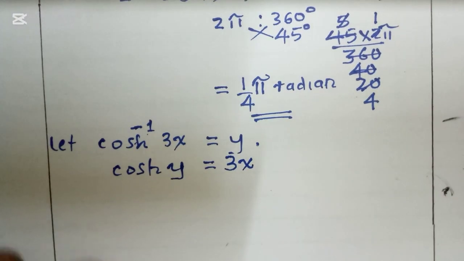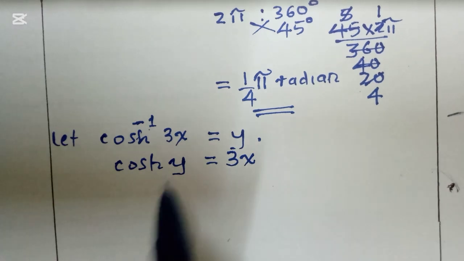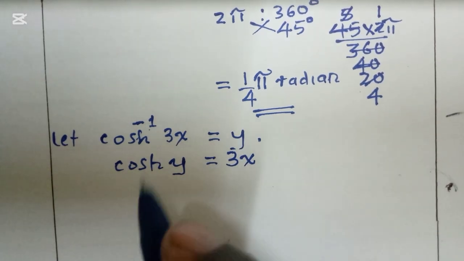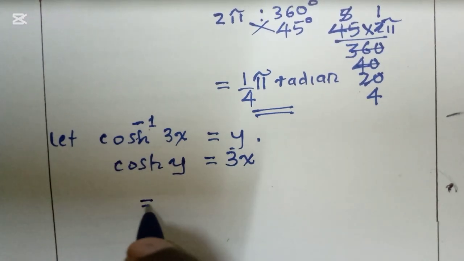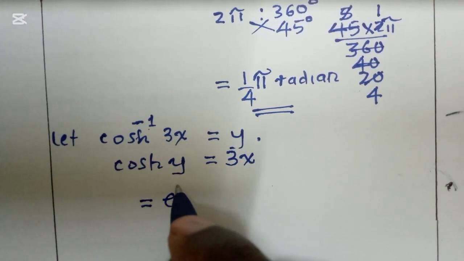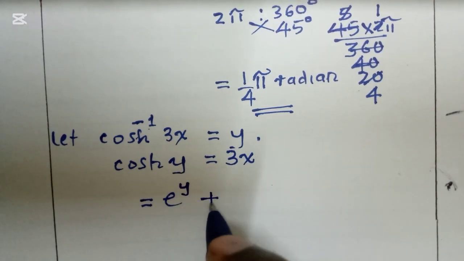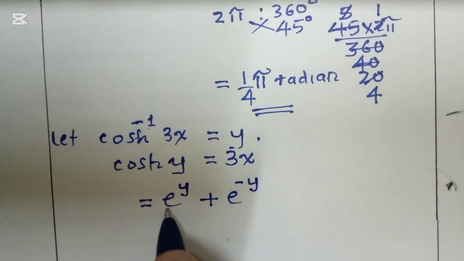Now guys, we come and write this in exponential form. We write cos y in exponential form, and this one is written like this. In exponential form, we have e raised to y plus e raised to negative y all over 2.